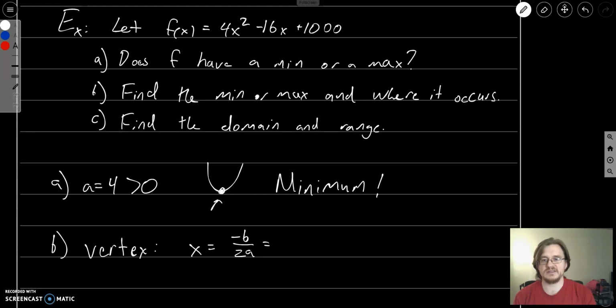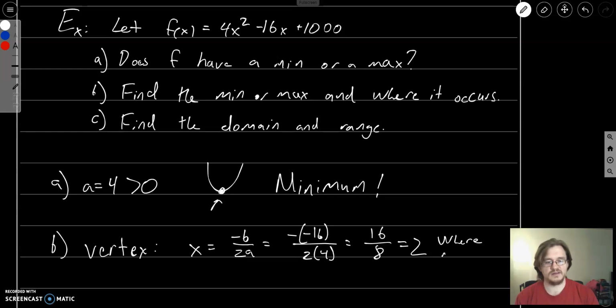So b here is negative 16. 2a, that's 2 times 4. So negative 16 is going to be 16. 2 times 4 is 8. So the x value is 2. So this is where the max is.